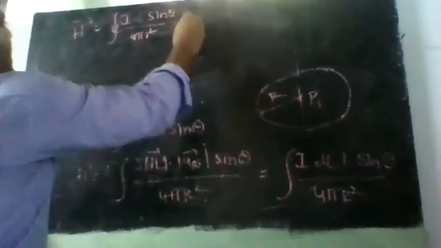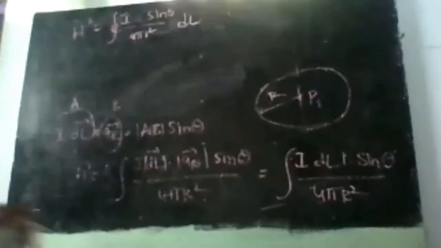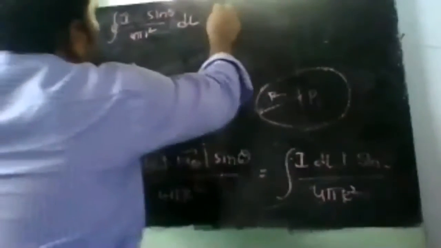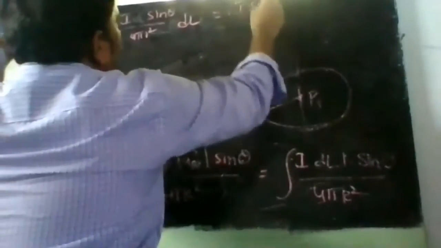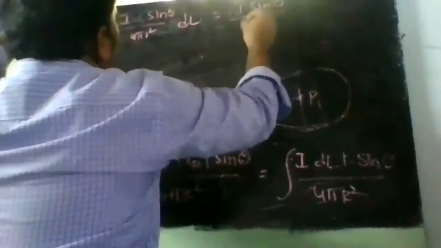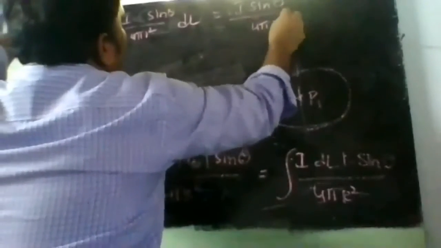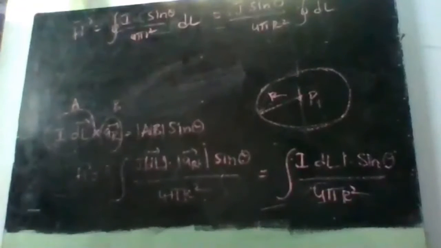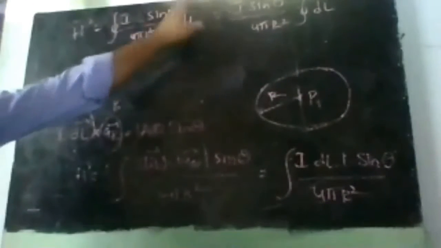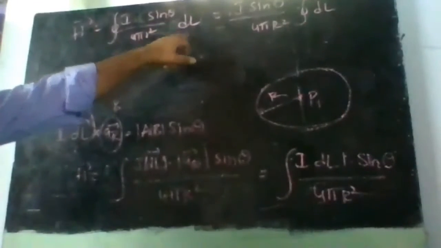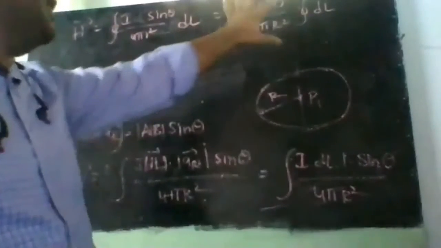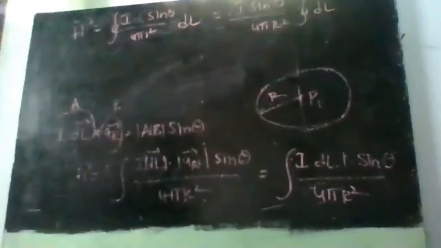The element of integration here is L. I sine theta is common, so we write it outside as a constant. 4 pi r square is also constant, so put it outside. The variable of integration is dL, so the remaining things are all constant, and we write the integral of dL.